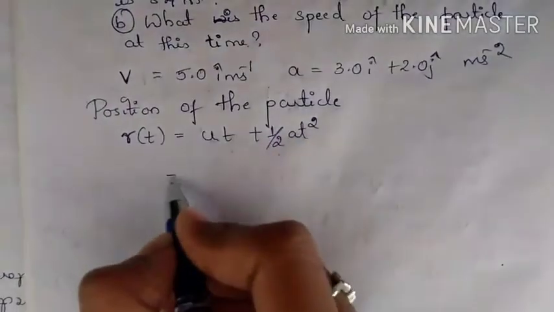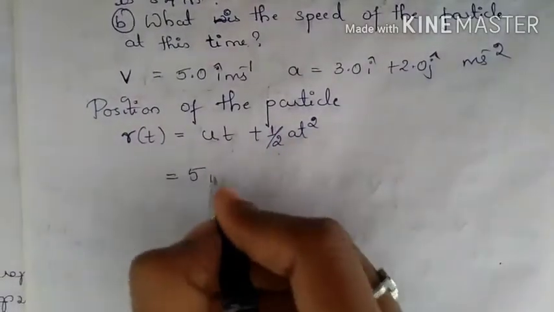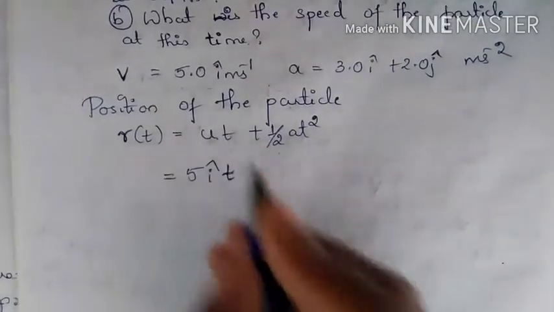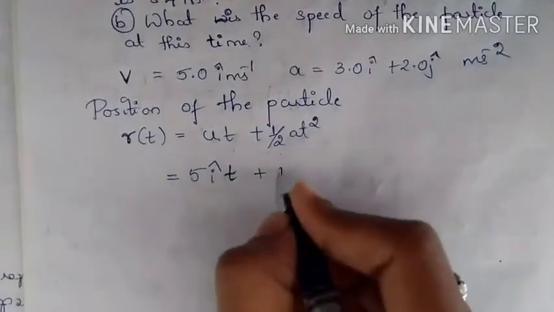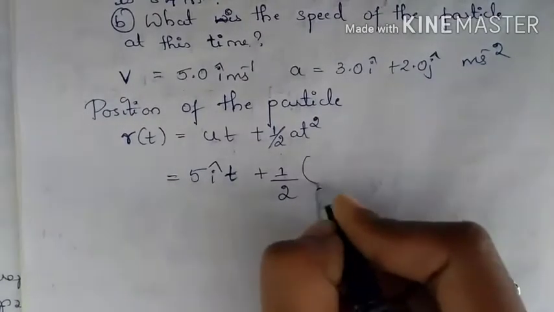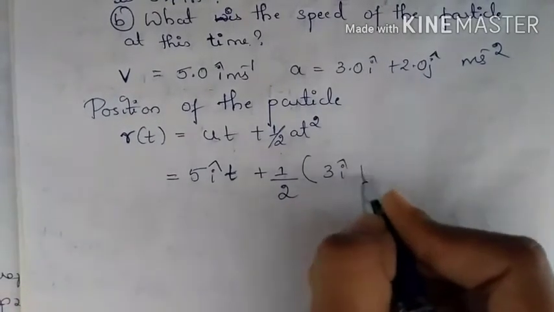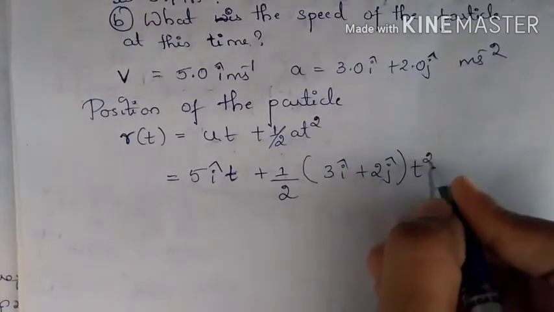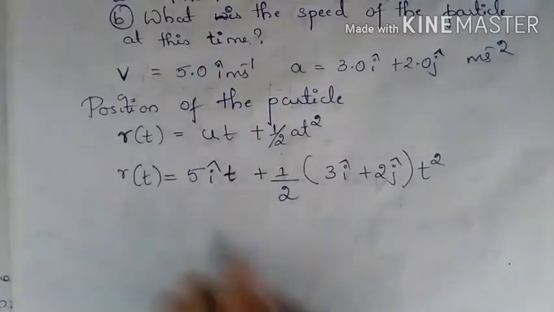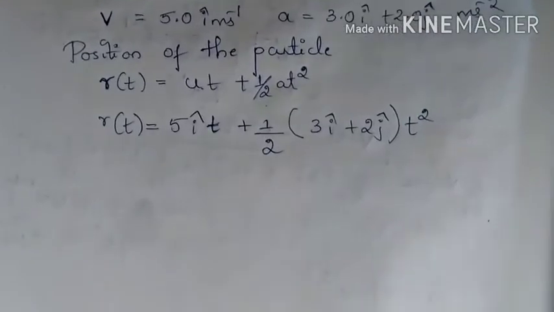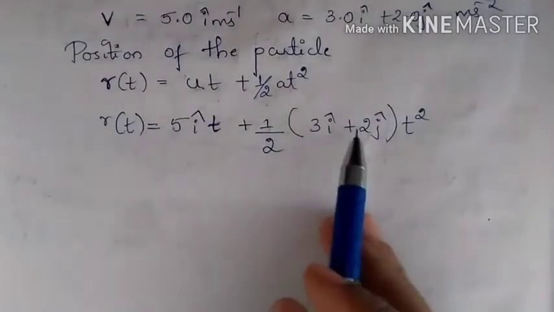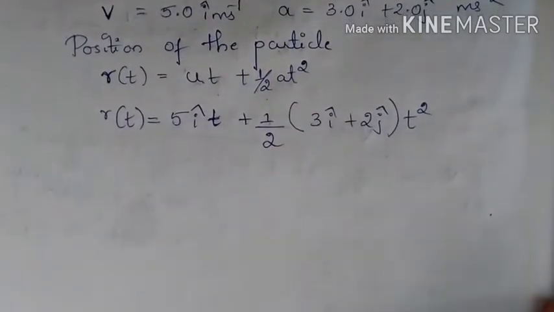Now let us write that: 5 i cap t plus half, and a is given to us, it is 3 i cap plus 2 j cap, times t square. So this is r of t.